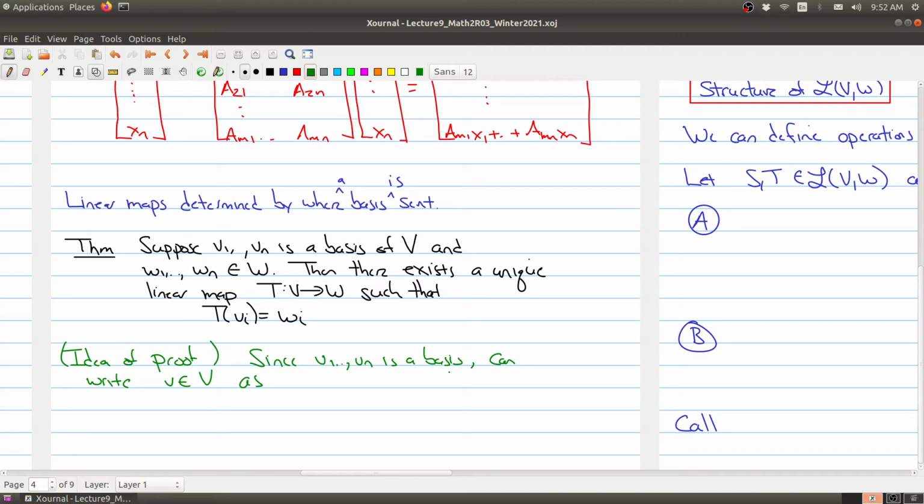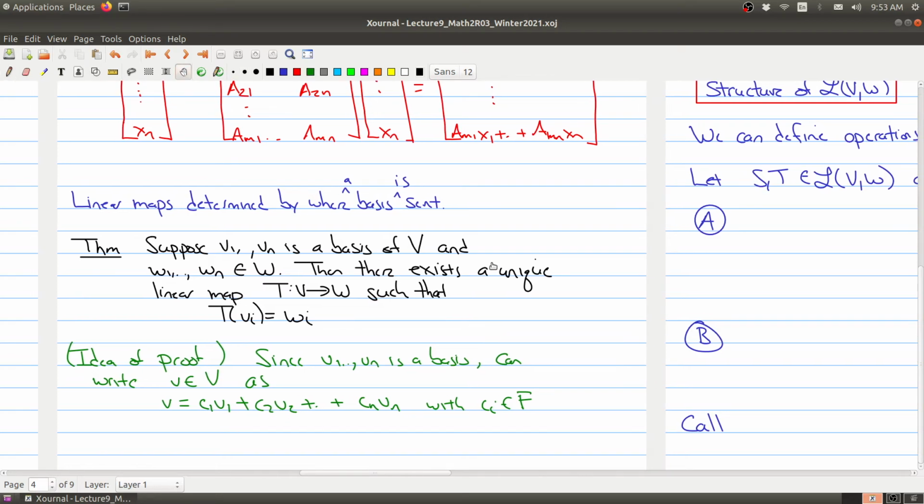Since v1 through vn is a basis, you can write an arbitrary vector v as c1 times v1 plus c2 times v2 up to cn times vn, right? With ci inside of your field. Every vector can be expressed uniquely in terms of your basis.